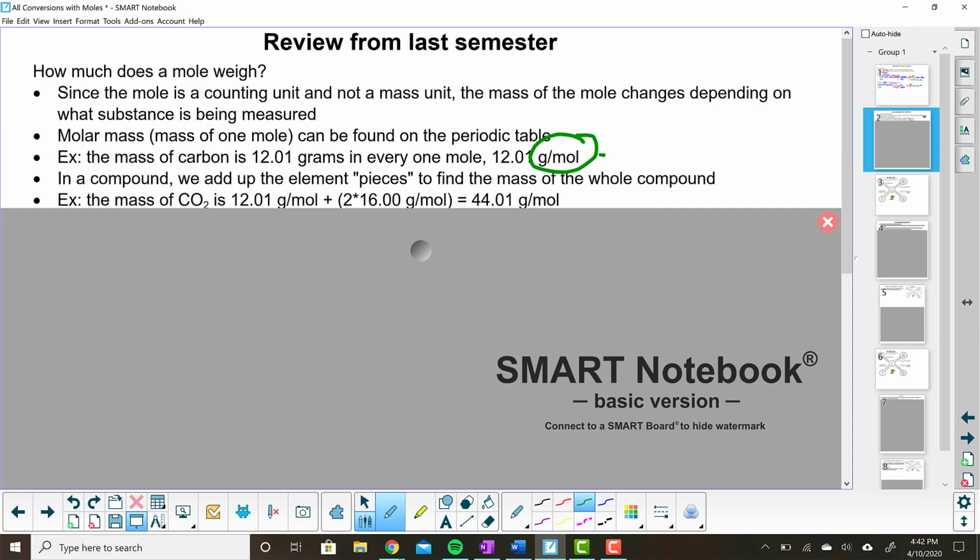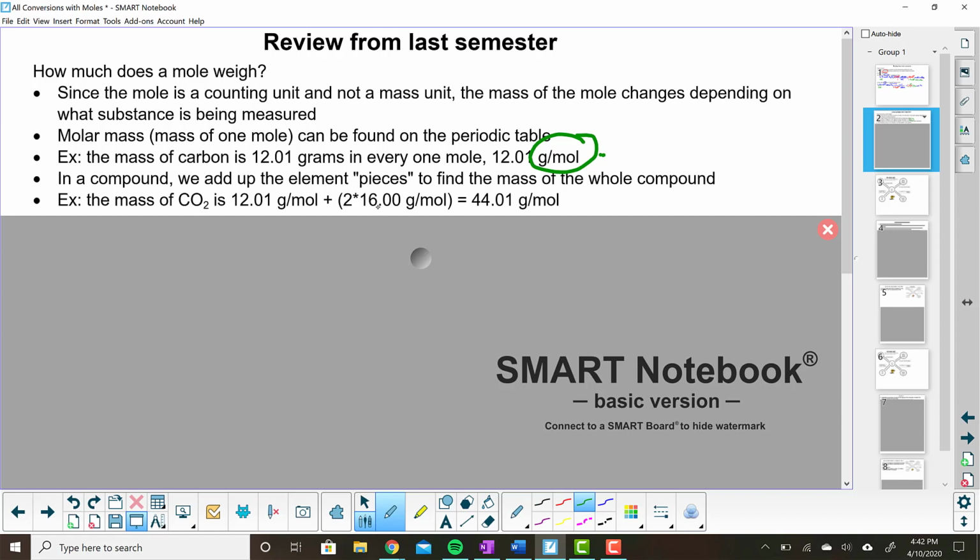But what if I have a compound? In a compound, we would add up the element pieces to find the mass of the whole compound. So, for example, carbon dioxide. In carbon dioxide, I have 1 atom of carbon, but I also have 2 atoms of oxygen. So I need to add those masses together from the periodic table, so 12.01 grams per mole, plus 2 oxygen atoms, right?